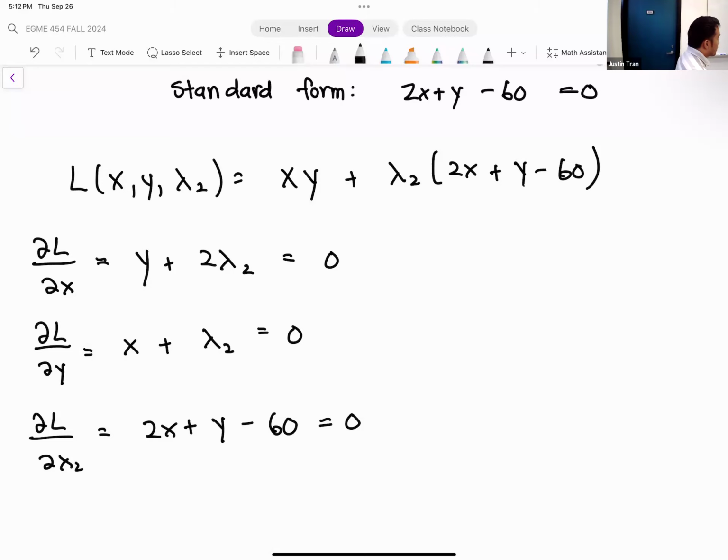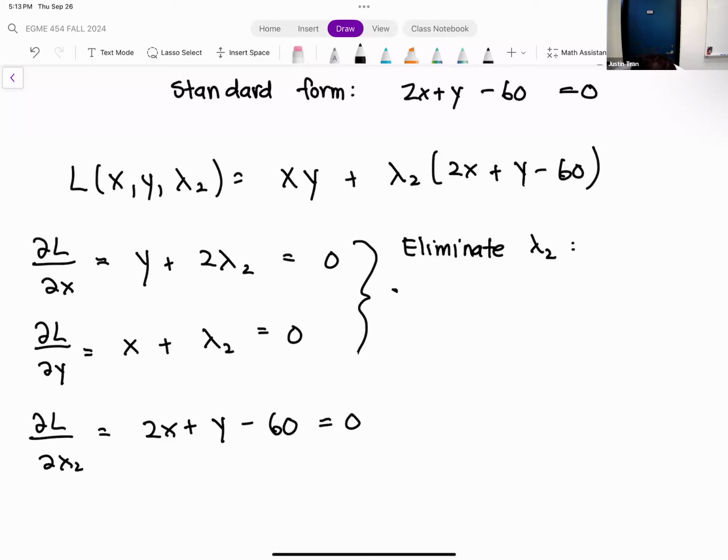So once again, we have a system of 3 equations and 3 unknowns, but the most important unknowns here are x and y. So let's solve the first 2 equations and eliminate lambda. To do that, I'm going to multiply equation 2 by 2 and then subtract it, just to eliminate that lambda 2.